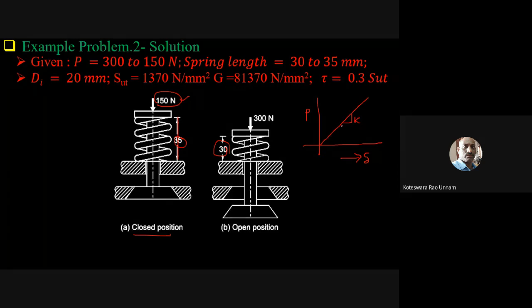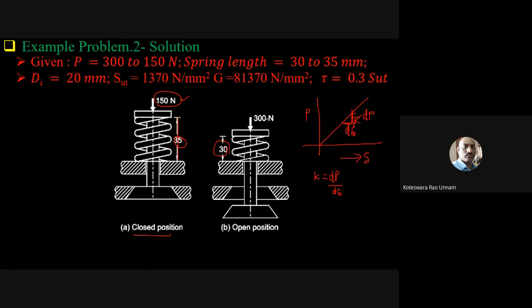This is what we already discussed. The slope of the line, your k, is nothing but dP by d delta. Here dP is the change in the load and d delta is the change in the deflection. Now in this problem he has given those two conditions.